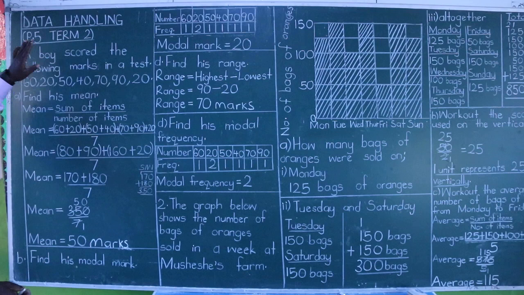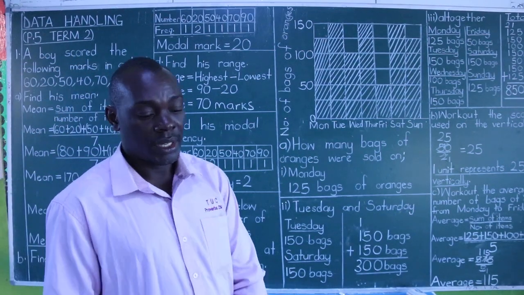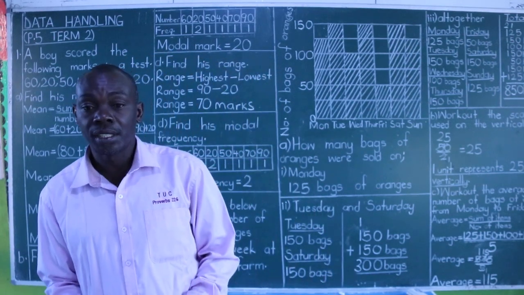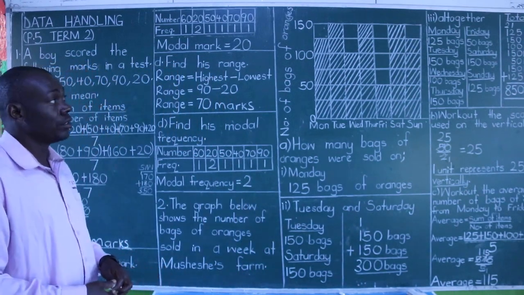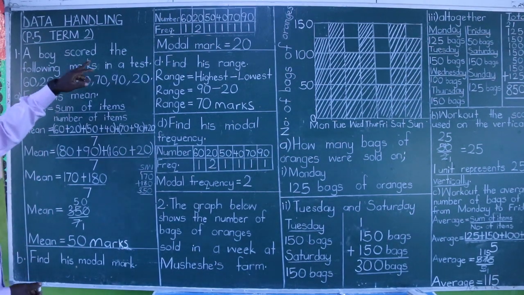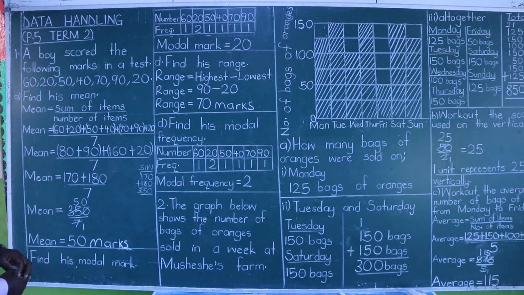So we are looking at our P5 term 2, and the work will be found on page 25 all the way to 29 of that same workbook. Now we start with number 1, and it reads: a boy scored the following marks in a test.